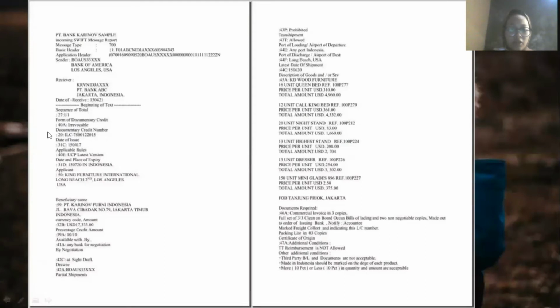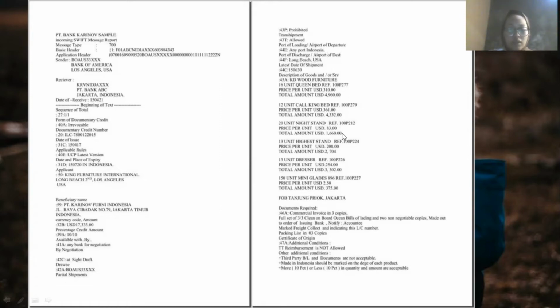Next part is the number of the letter of credit, date of the letter of credit, applicable rules, date and place of expiration of the letter of credit, and the name of the applicant. Next part is the beneficiary name in this document. Next part is the amount of funds available. And next part is terms of shipment, such as partial shipment is prohibited and transshipment is allowed.